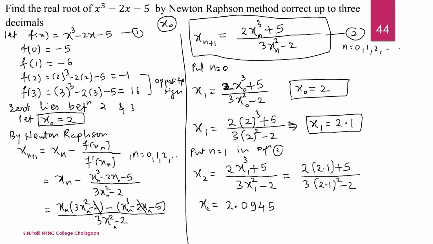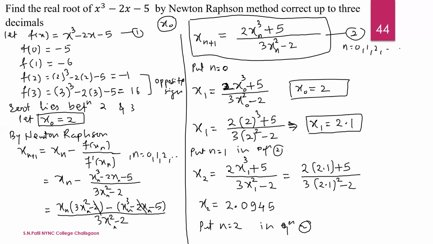Okay, now the next iteration. Put n is equal to 2 in equation number 2.